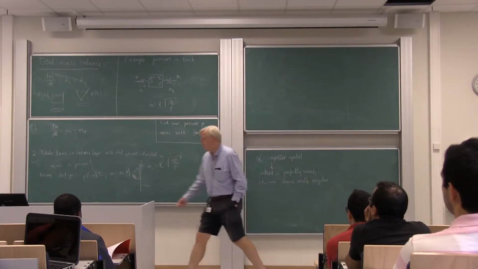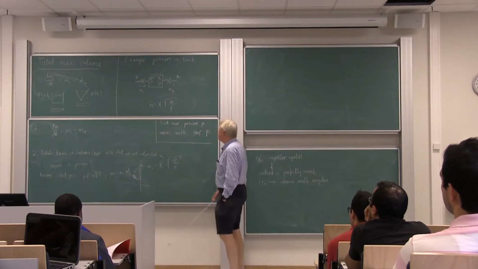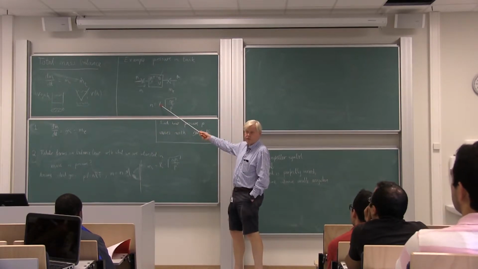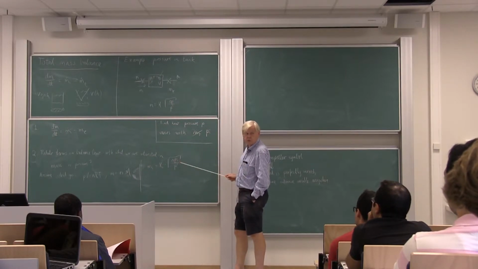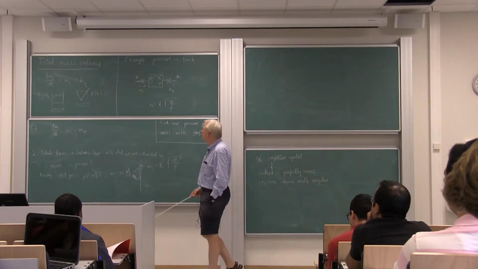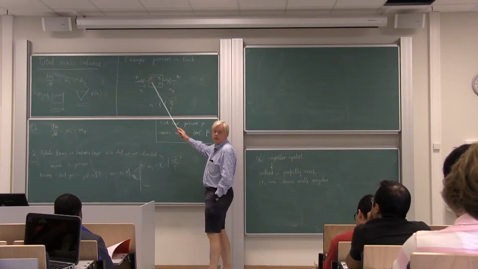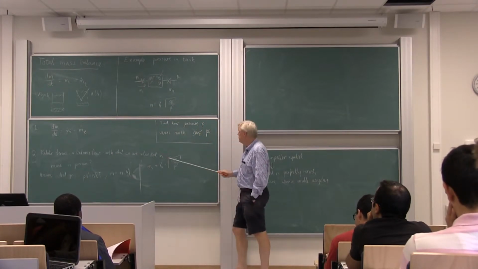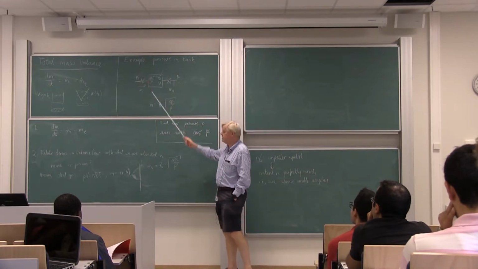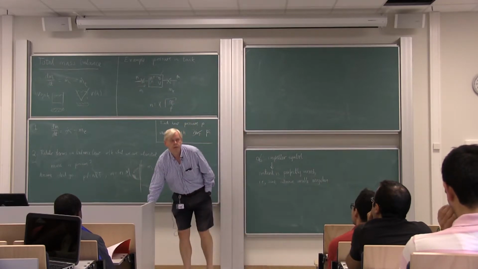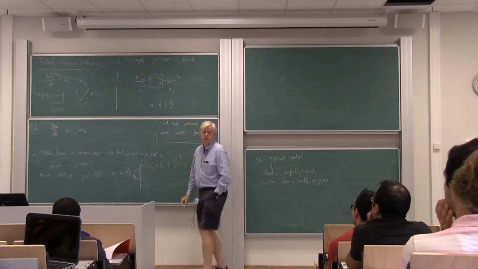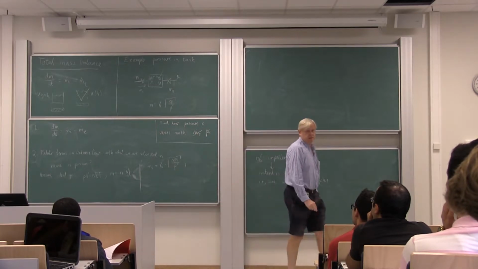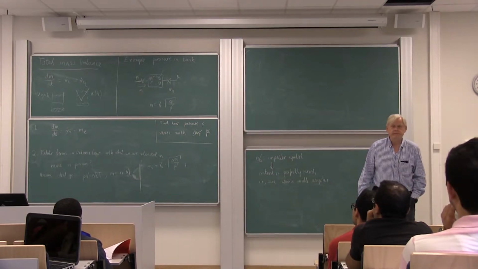Here I am suggesting that this one is general for any valve, and then for a particular valve I need to add an index to say which one I'm referring to. So we are assuming that the valves can be different, and of course there will be different pressure drops over the valves. Delta P is the pressure drop. So what is the pressure drop at the inlet? Pi minus P.